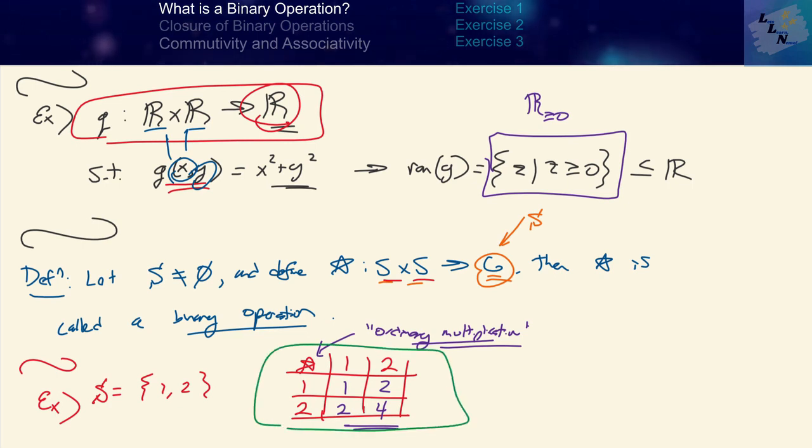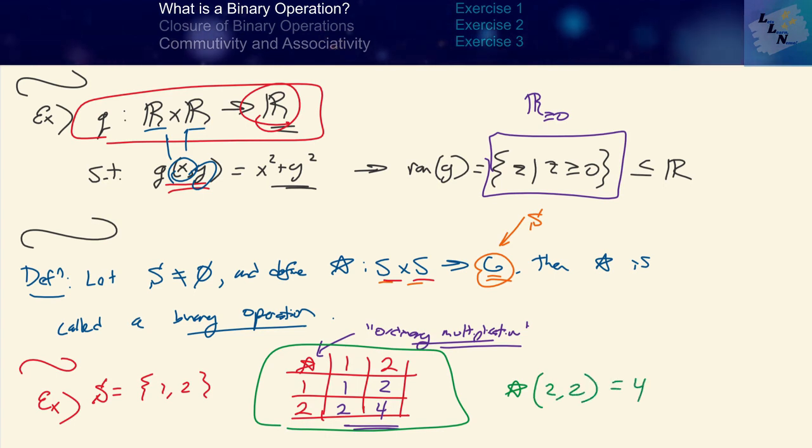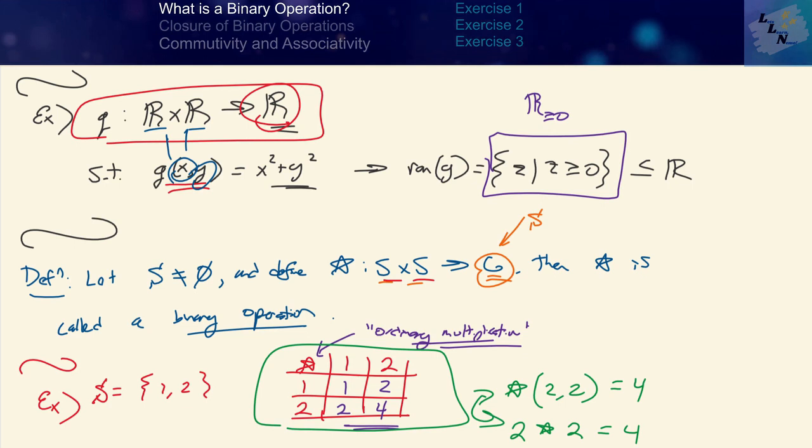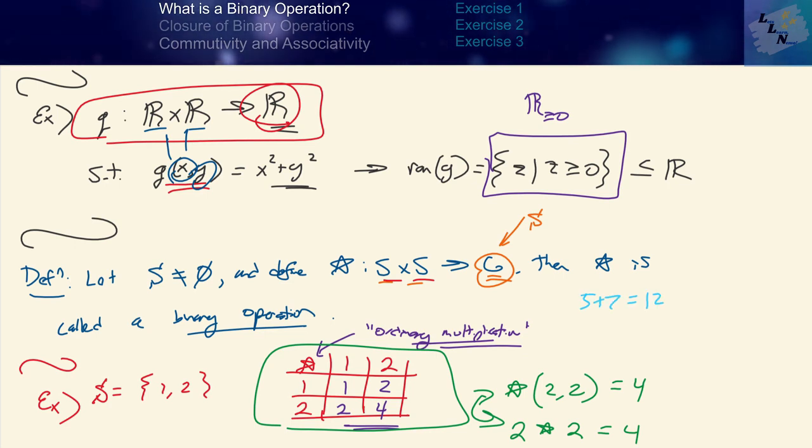So how would we possibly read this table? Sometimes people will say star 2, 2 is equal to 4. Some people will rewrite this notation instead as 2 star 2 is equal to 4. Those two things are, of course, equivalent notations. And it should also be mentioned, for example, 5 plus 7 is equal to 12 can also be represented in binary function notation form.